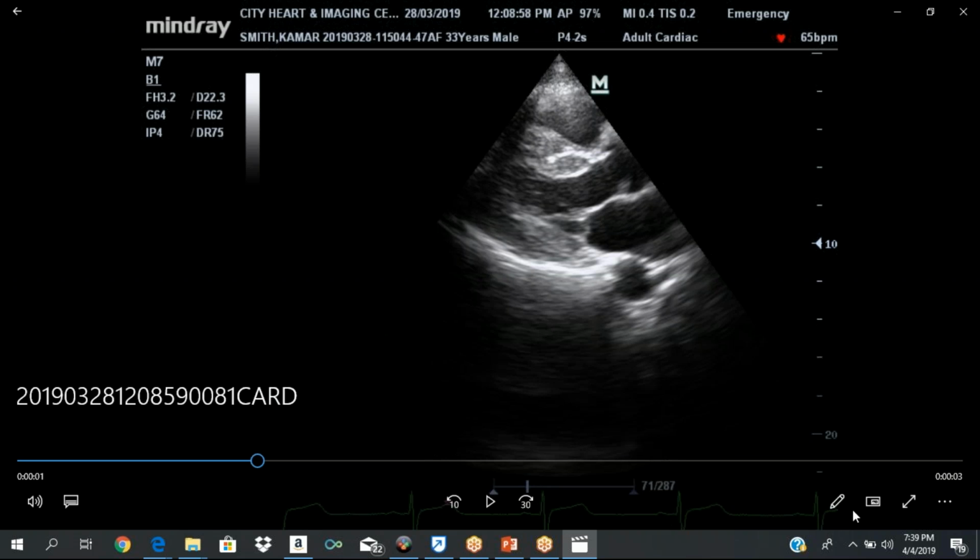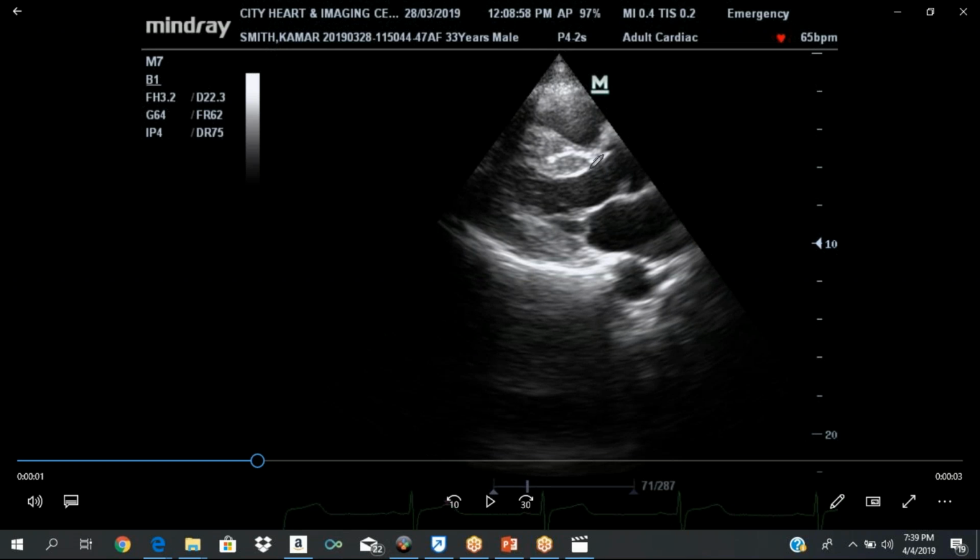The measurements that you're going to get in systole, you're going to get the left ventricular flow tract diameter, the LVOT diameter. You're going to measure the left atrium, and you're going to measure the LV cavity size in systole. Those are the systolic measurements.